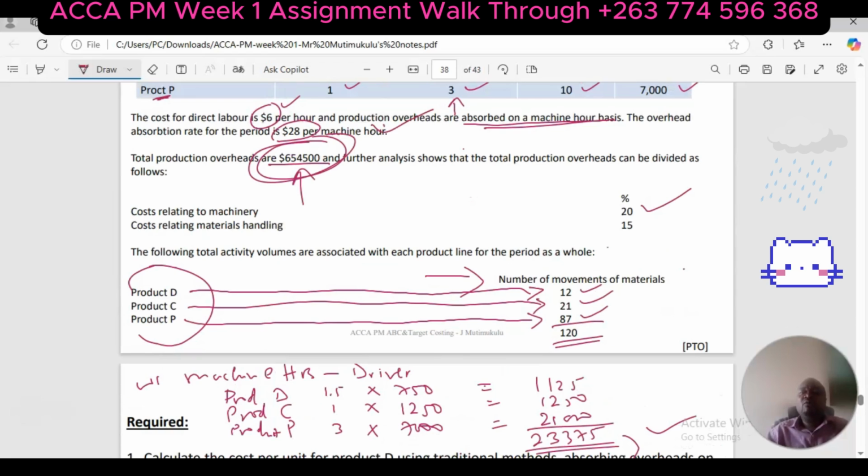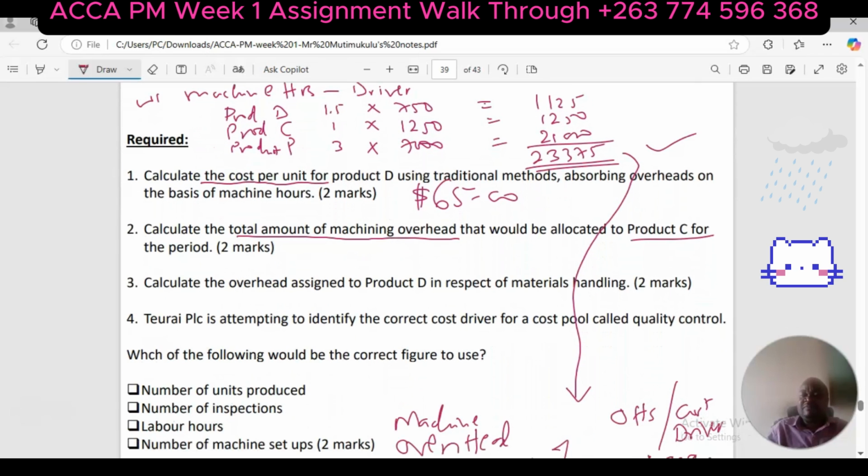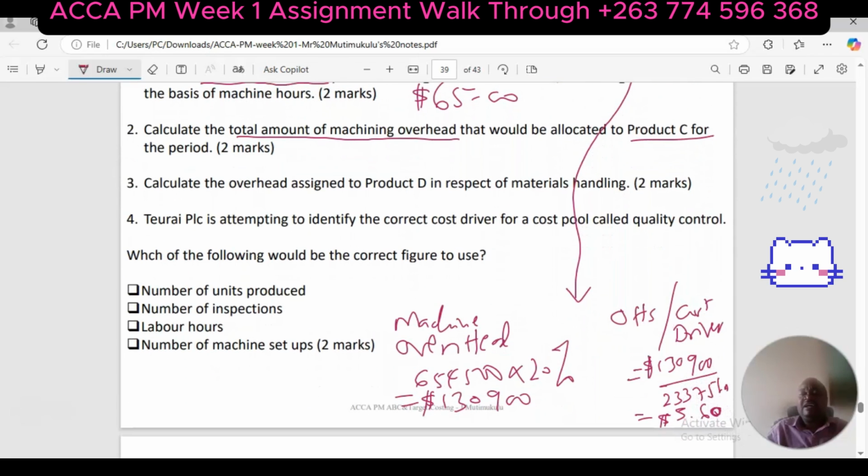In the question, we were told that the overheads were being absorbed at $28 per machine hour. This time around, using the cost driver technique, it's actually $5.60 per hour.